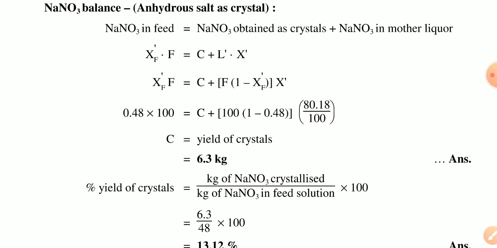So 0.48 multiplied by 100 is equal to C plus 100 times (1 minus 0.48) times 80.18 by 100. So C, the yield of crystals, is 6.3 kg.